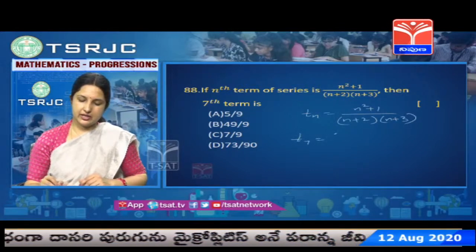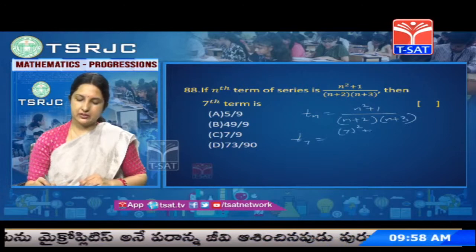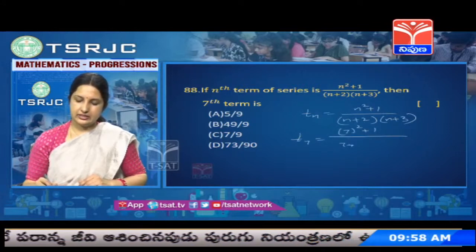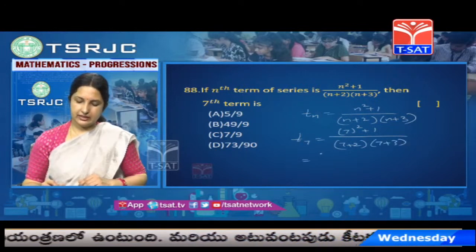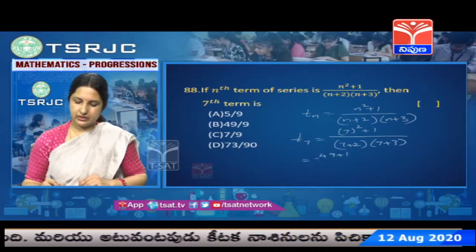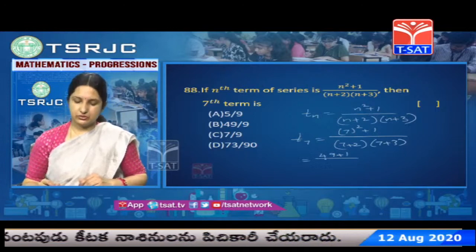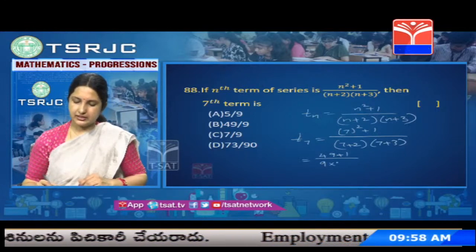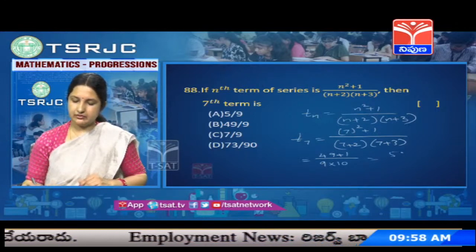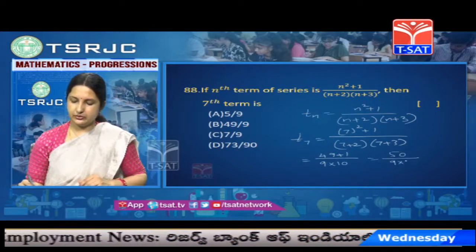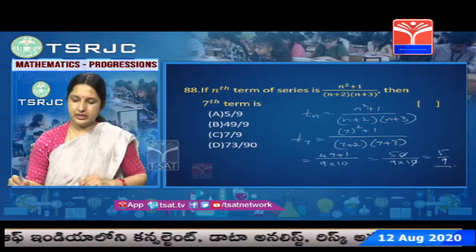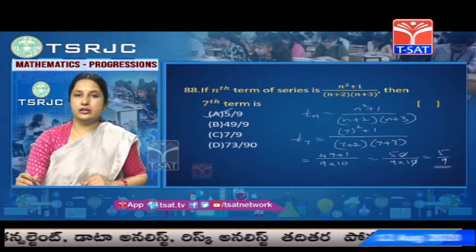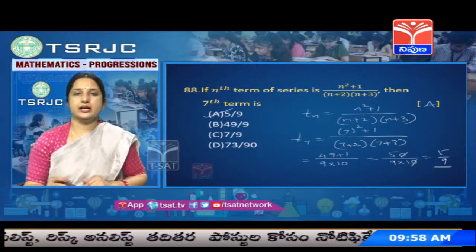So T7 equals 7 square plus 1 by 7 plus 2 into 7 plus 3. What will we get? 49 plus 1 by 9 into 10, which equals 50 by 9 into 10. The 0s get cancelled, so 5 by 9 is the answer. So option A is our answer.